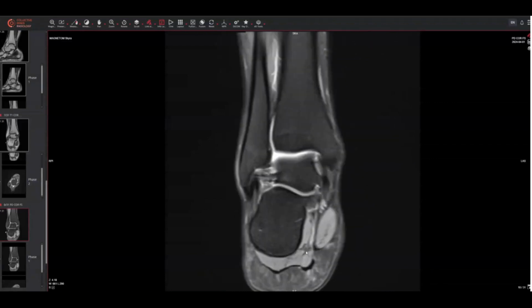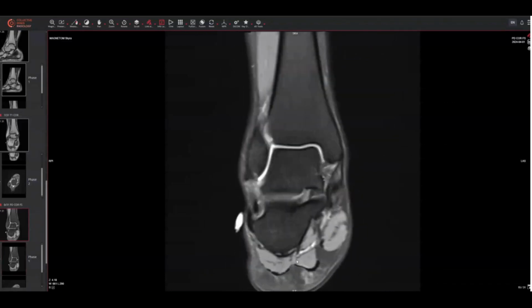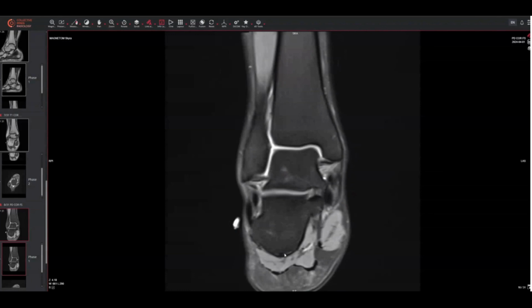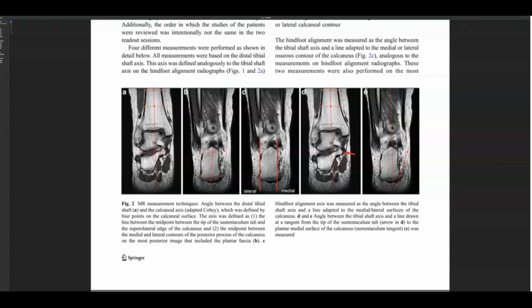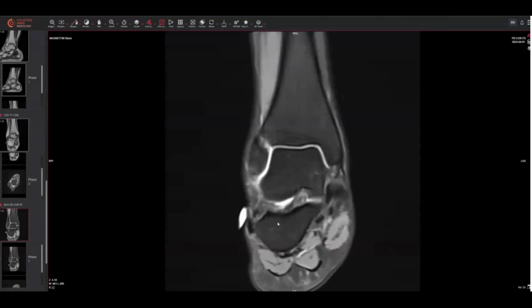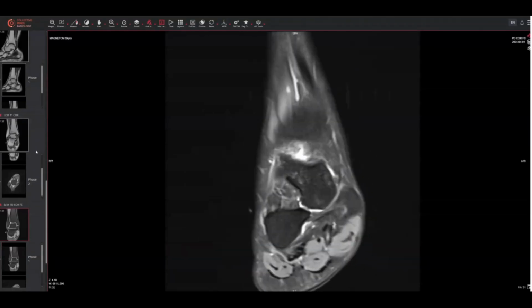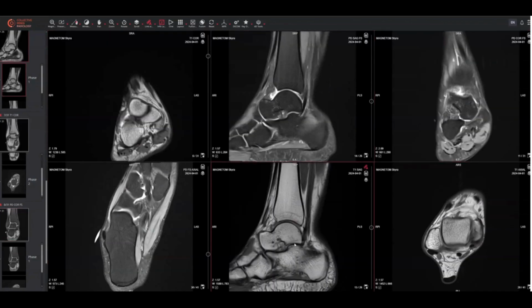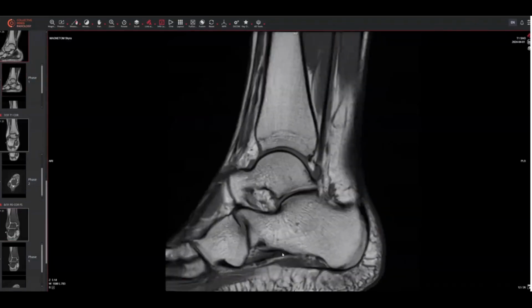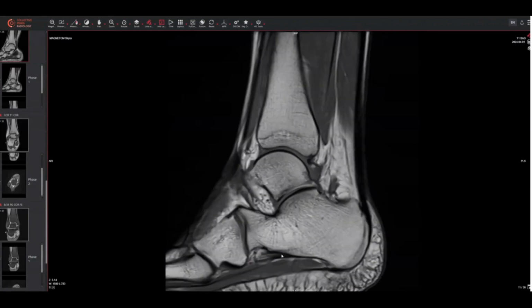So this is a very complicated case, and I think the reason why it gets complicated is because there are features of trying to measure these types of angles that can be variable depending on a variety of different features of the talonavicular articulations. One last point that I think makes it even more complicated when they're not the classic versions of your pes cavovarus or your pes planovalgus is understanding the attitude of the calcaneus.